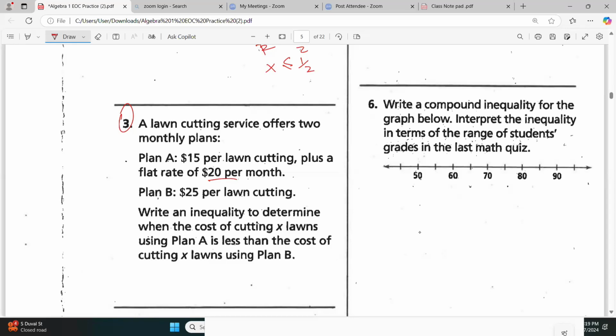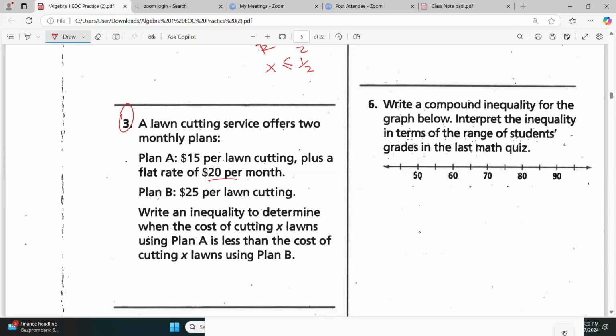Write an inequality to determine the cost of cutting x lawns using Plan A is less than the cost of cutting using Plan B. All right, so the cost of Plan A will be less than the cost of Plan B.